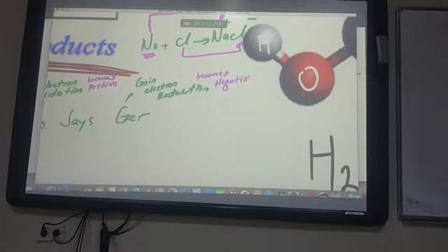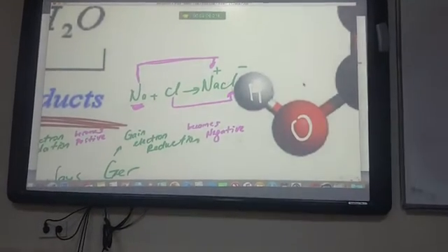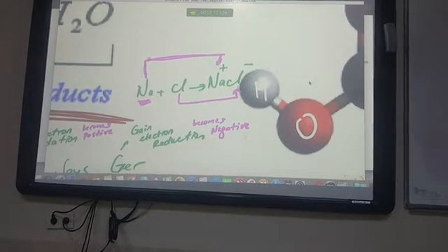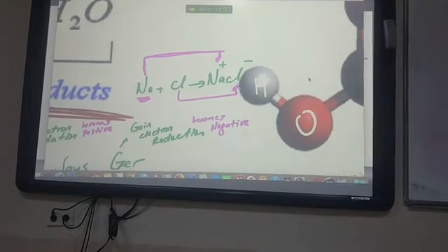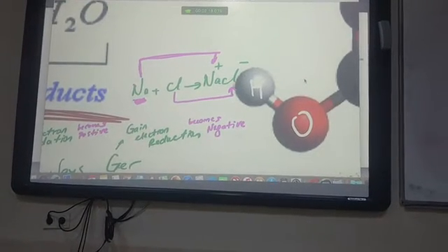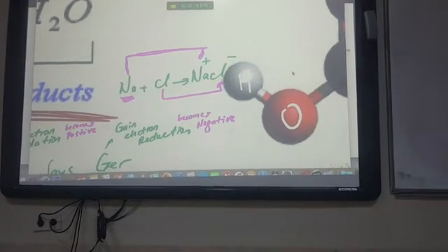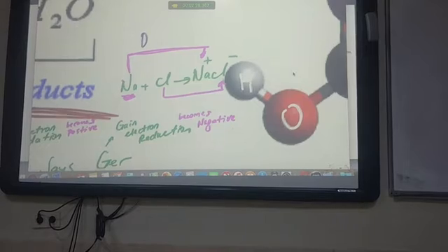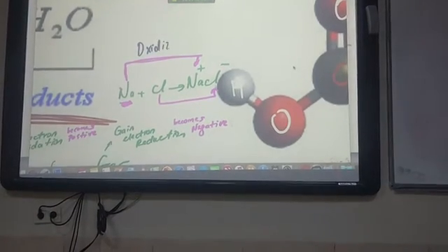So sodium became positive, it is oxidized.